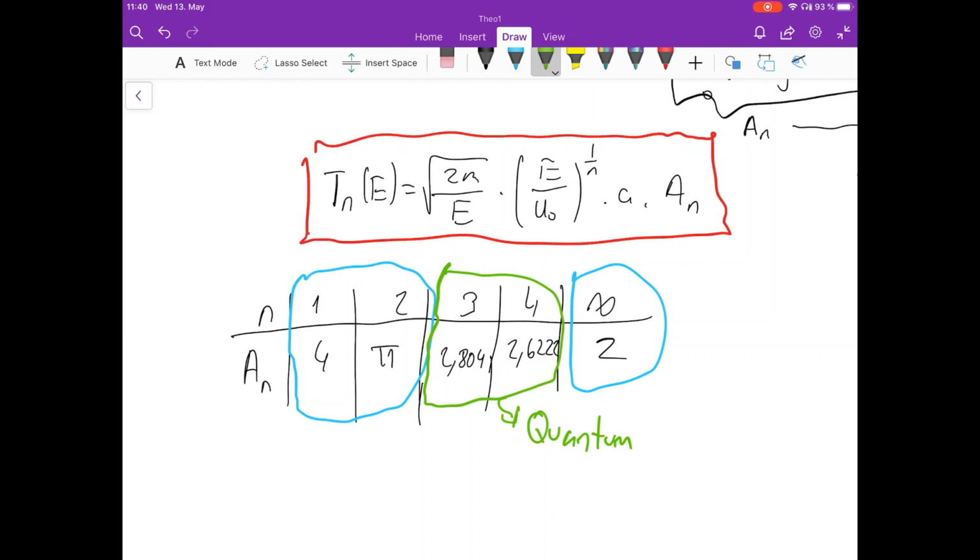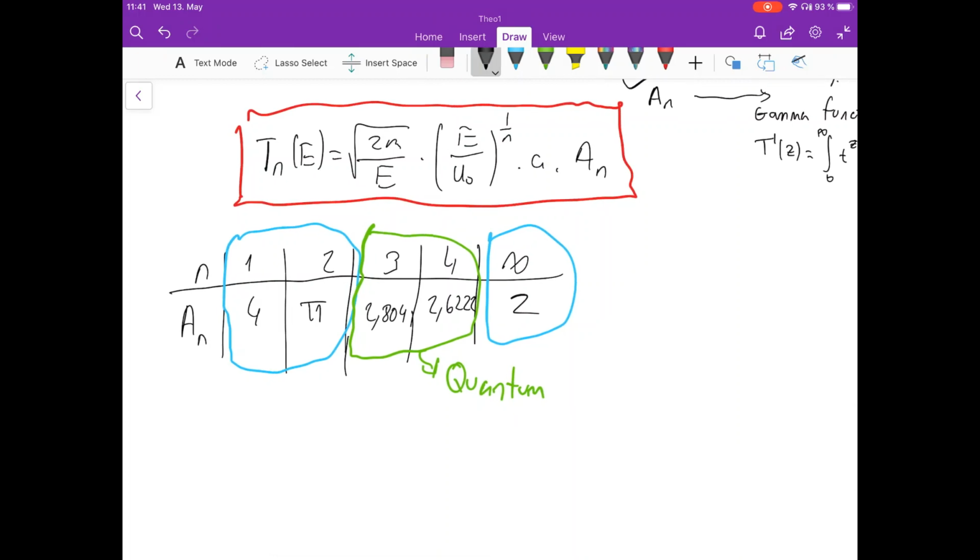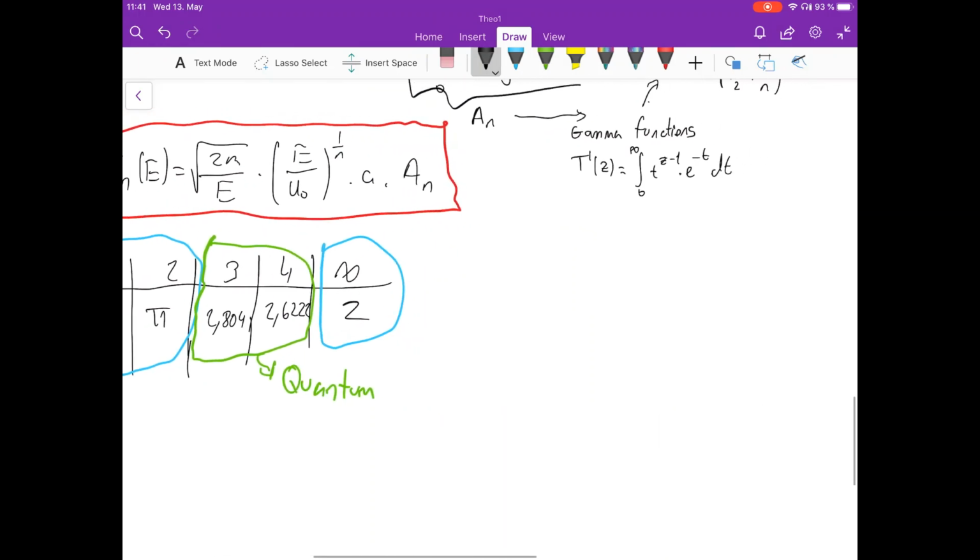They are extremely important with something like Schrödinger's equation, etc. But today it's not relevant for us, and I'll be interpreting only these three.